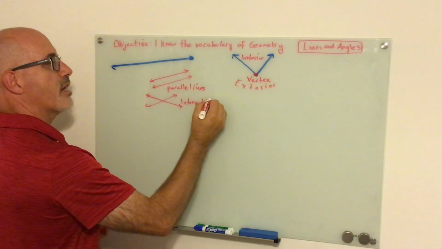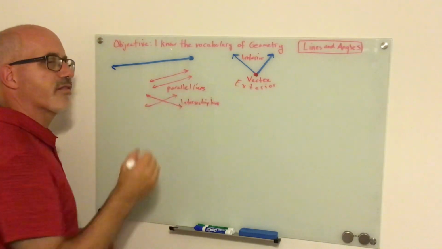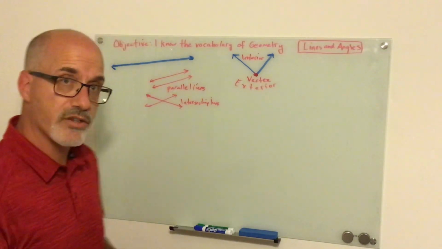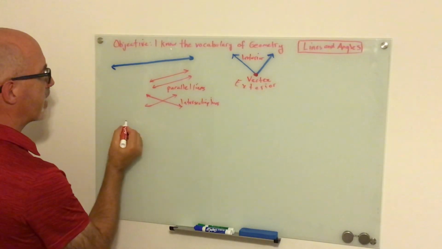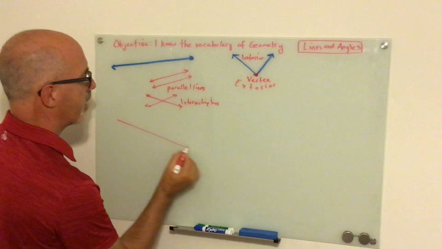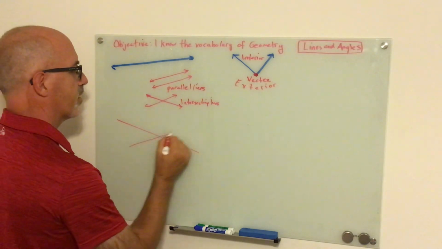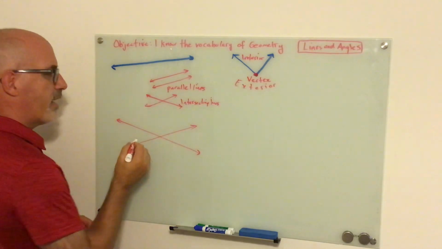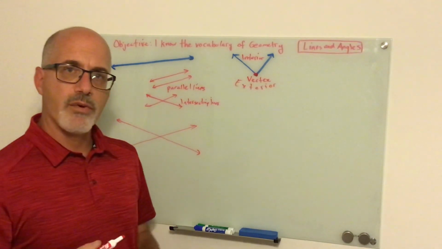Now, let's talk about some of these different types of lines and how they work together. Let's look at intersecting lines. If we draw two lines that intersect like this, we've got quite a few different angles formed here.